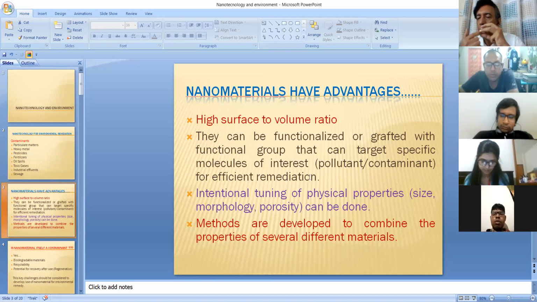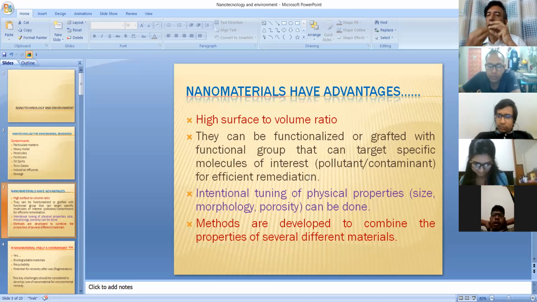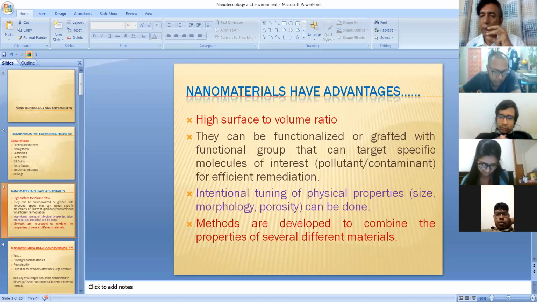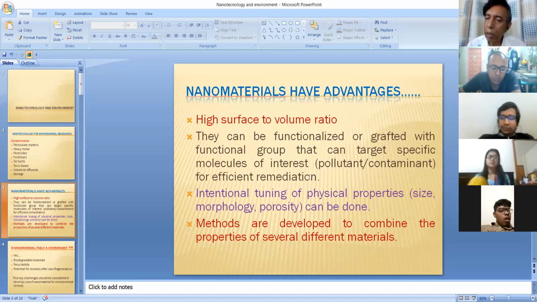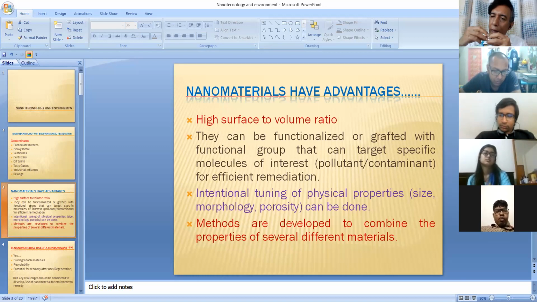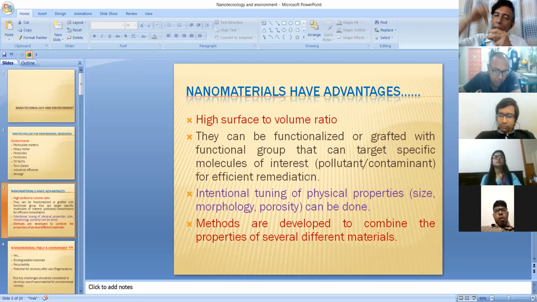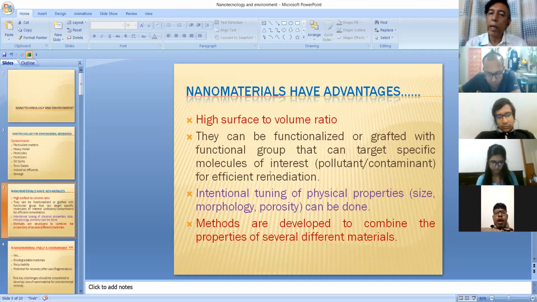I have added another functional group, an NH2 group here. So the nanomaterial can be functionalized differently by grafting, that means by incorporating some functional group that can target specific molecules of interest.